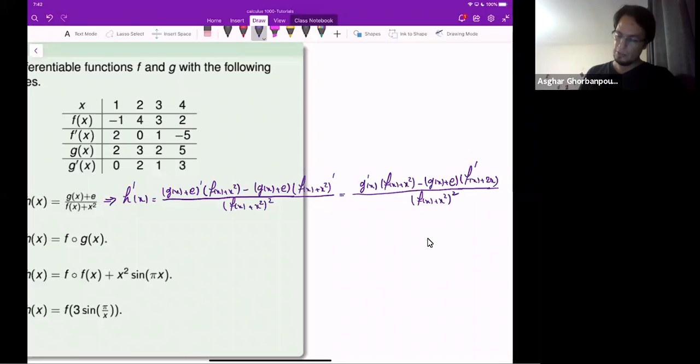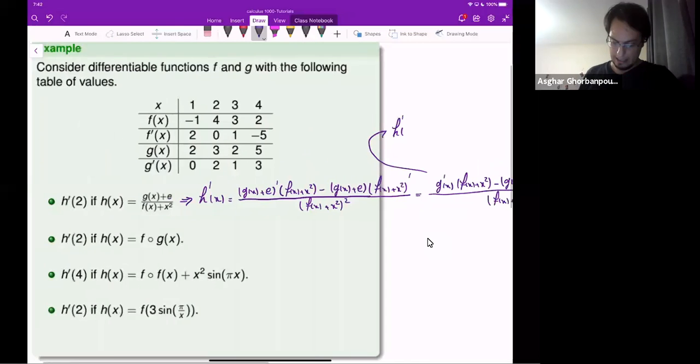Now, knowing that the derivative of h is that, I can use it to find h prime at 2.